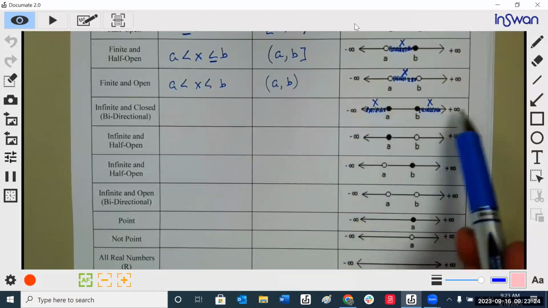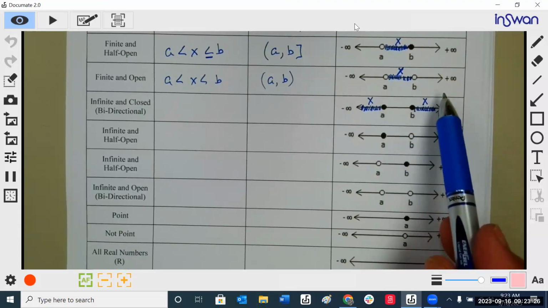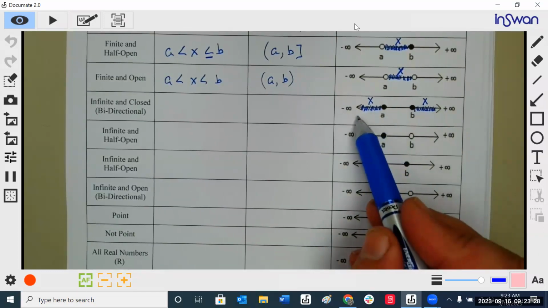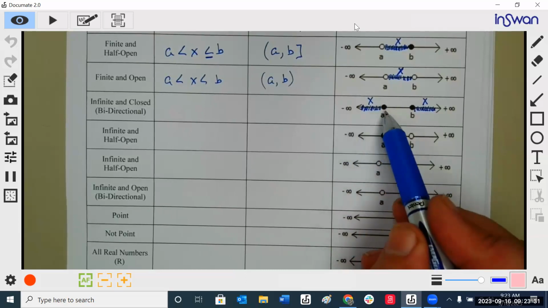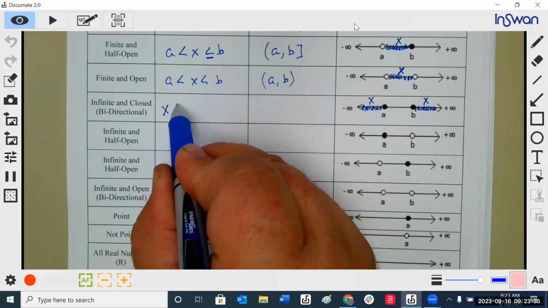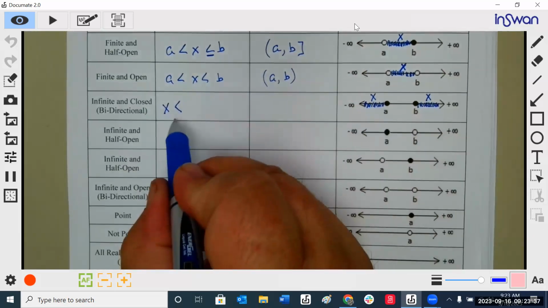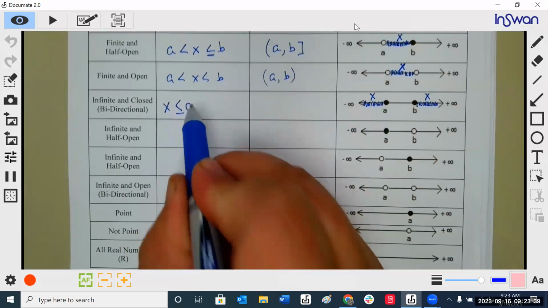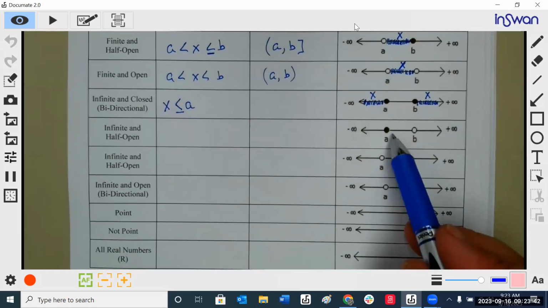Well, I have two possible answers. The first one goes from negative infinity to A. So my X values are less than or equal to A. That's what that one says.